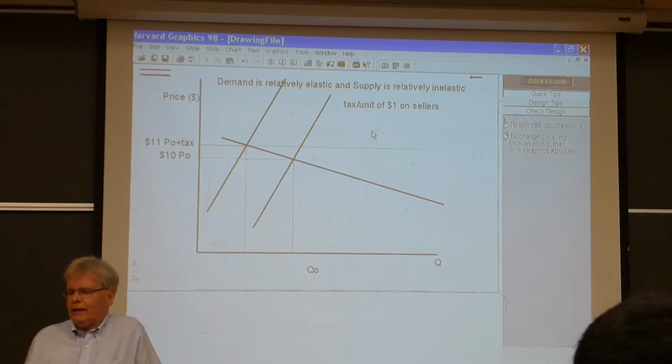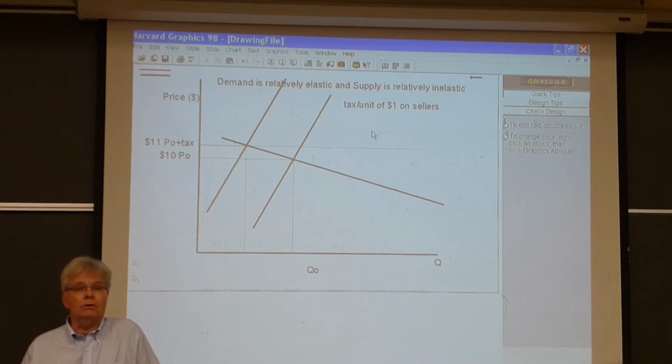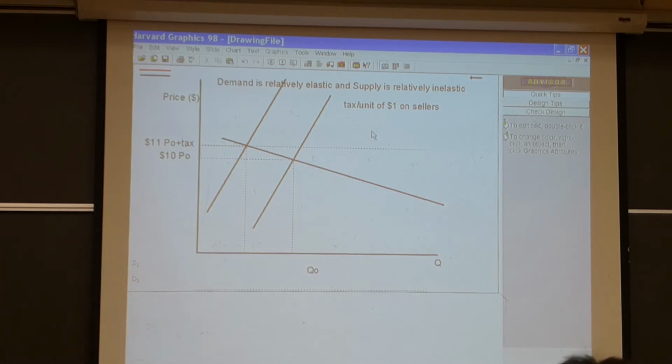Laura, go ahead. I'm waiting. I surely hope that you did not do that. If you did that, you were wrong. Laura, tell them what they should have done. You don't shift it like that. You measure the dollar up from the equilibrium, so the new equilibrium isn't going to be at 11, it'll be slightly less than 11. Now again, yes, if you're charging $1 more, you can see that this is in fact many times more than $1.